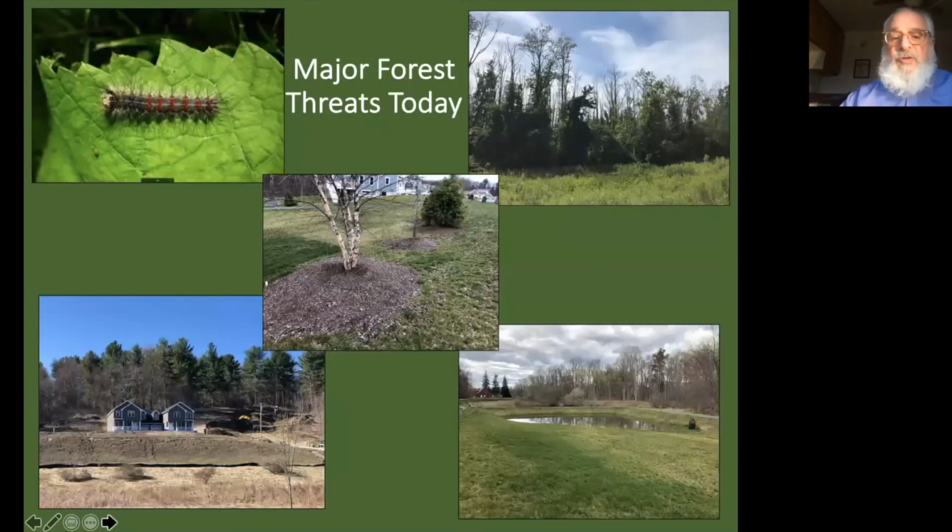Well, what are the major threats today in West Newbury? Upper left, gypsy moth; upper right, emerald ash borer. The bottom three relate to developments and the idea that it's easier to cut down all the trees to move your equipment in, and then you have to replant the trees, even if you do it poorly and the trees are not mulched properly.